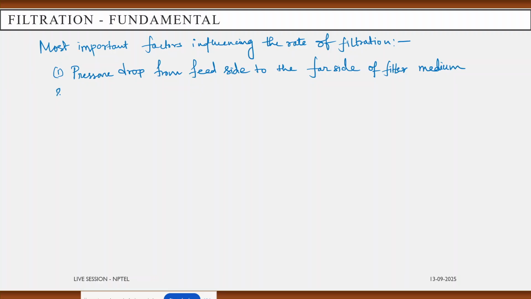This pressure drop is very important, and then the area of the filtering surface.